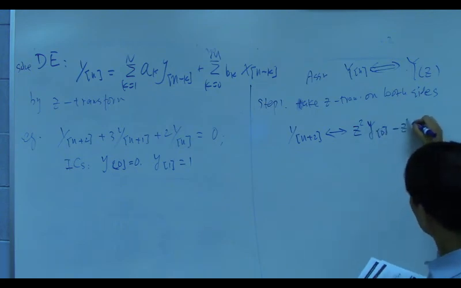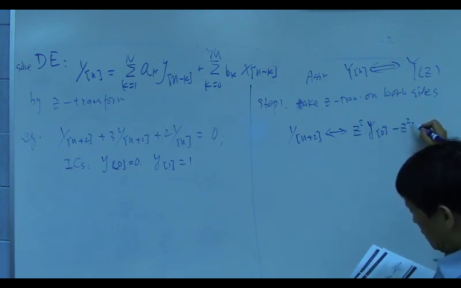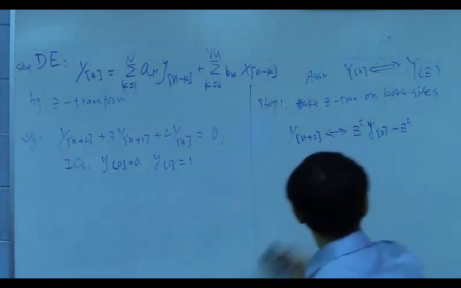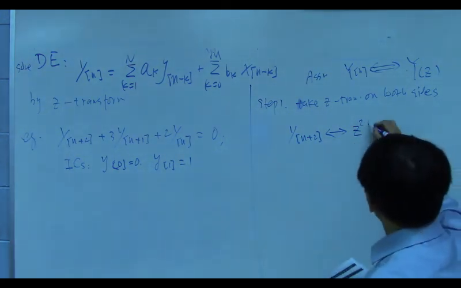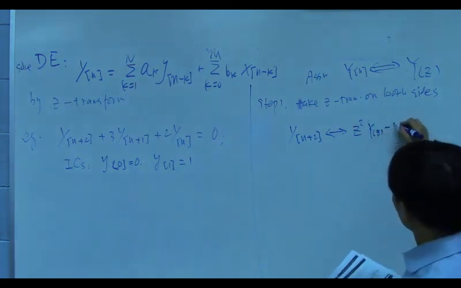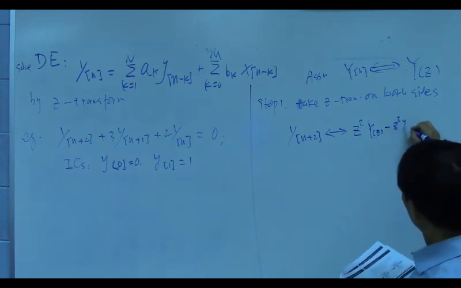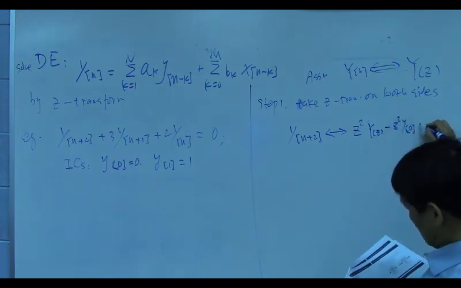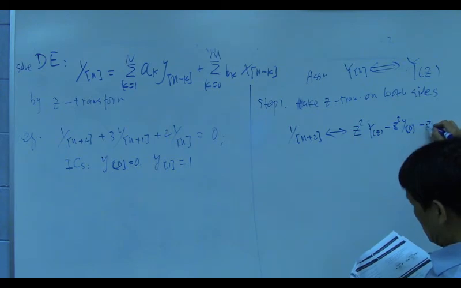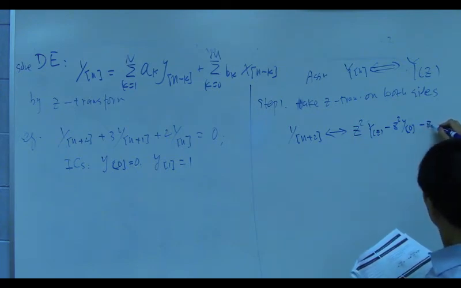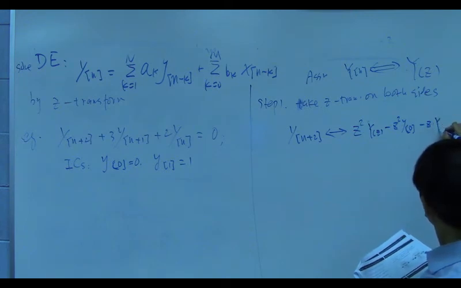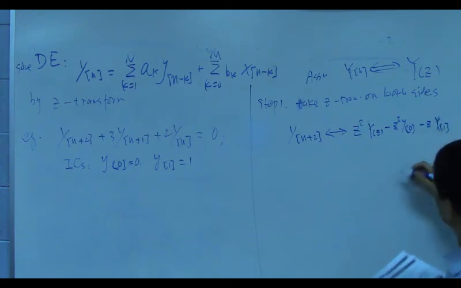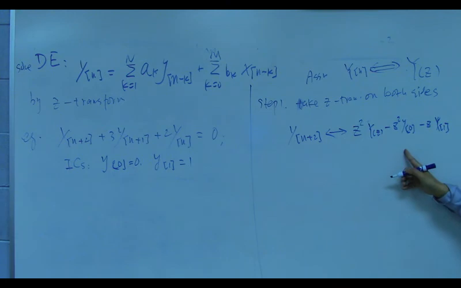So this one gives us z squared Y(z) minus z squared y0, then minus z y1. So that is y2.